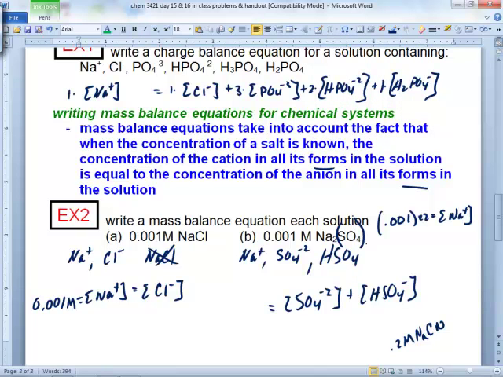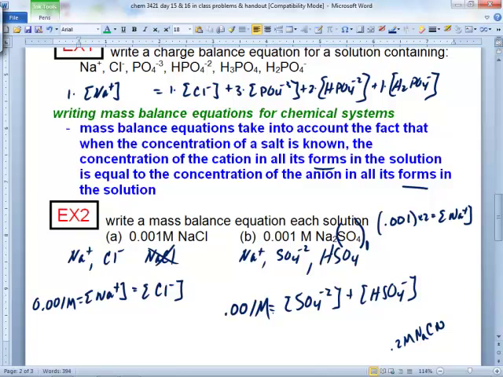All right, there's a 1 right there. There's only 1 sulfate for every 2 sodiums. So the concentration of sodium in all its forms is twice that of sulfate in all of its forms. So this should only be 0.001. Okay.